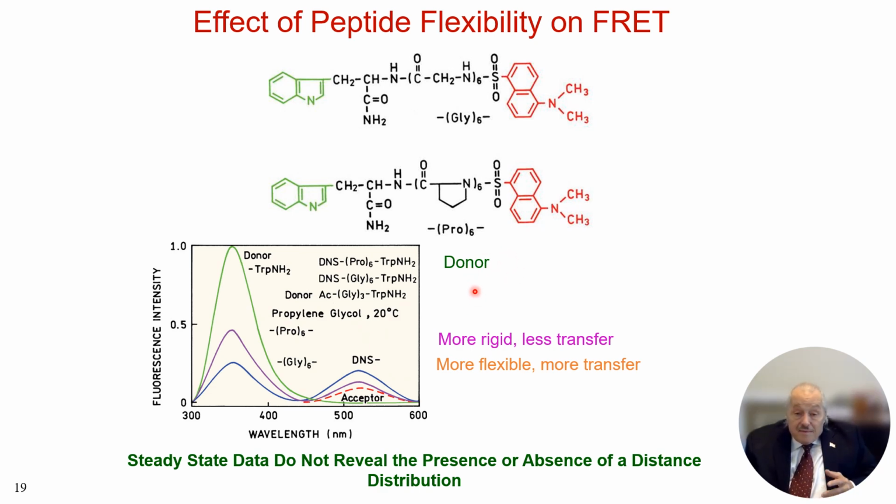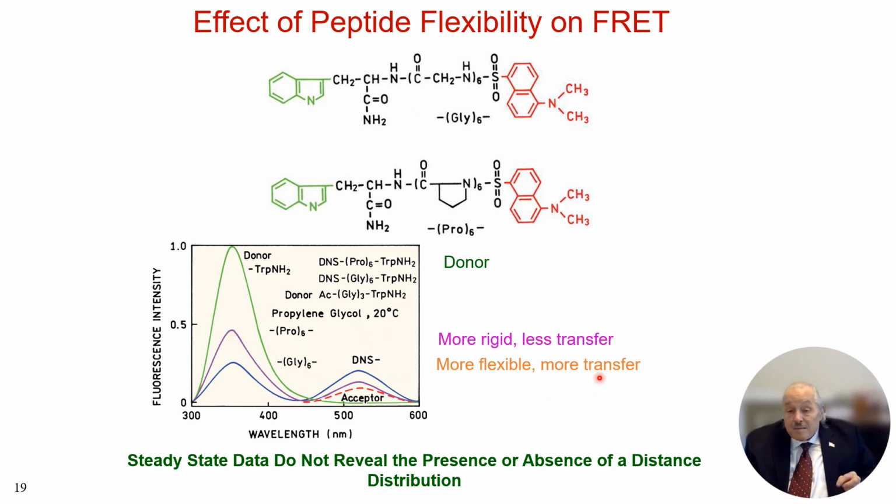And we asked the question, what did we expect? And from the steady state emission spectra, it pretty much gave us what we expected. The more rigid one had less transfer and wasn't quenched as much.